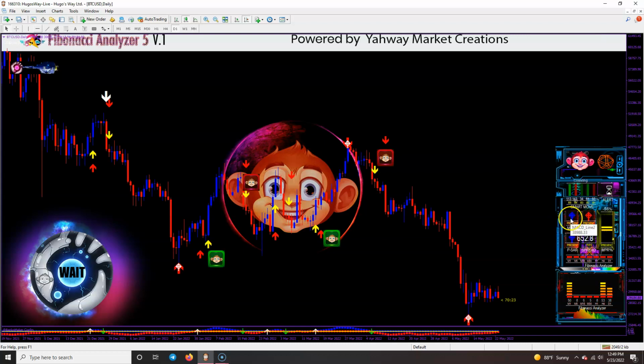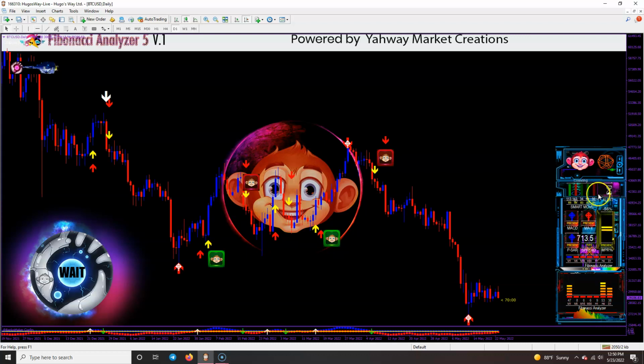The MACD is showing buying, which is an indicator built inside of the Fibonacci analyzer. And then we have our moving averages crossing for a sell here. All built in. We have the momentum stick right here showing no momentum.